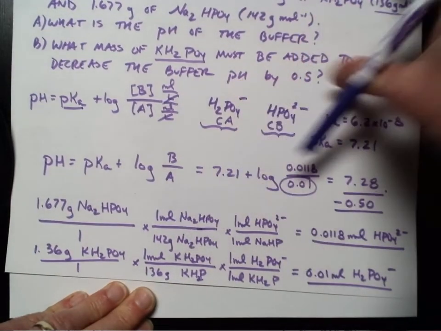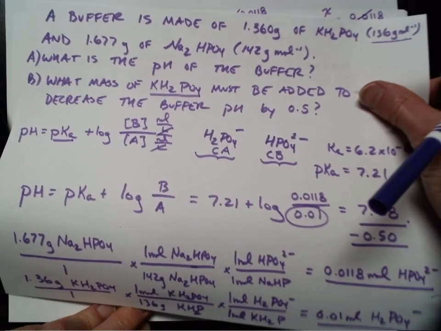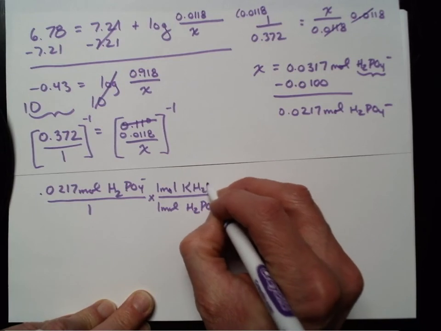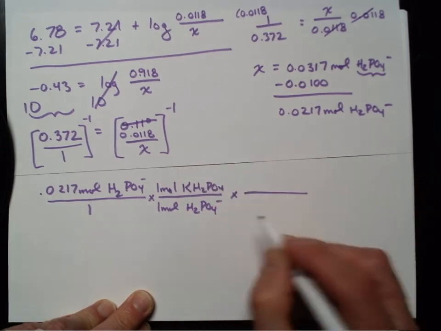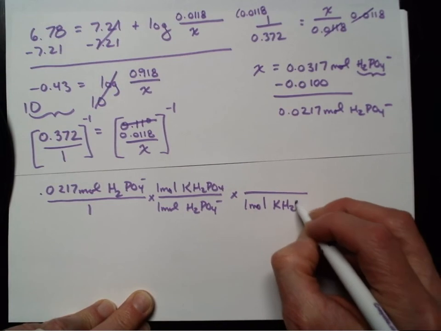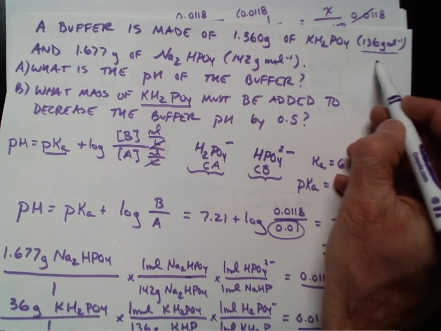The potassium dihydrogen phosphate, right? That's where we get it from. And we're going to recall that 1 mole of potassium dihydrogen phosphate is, what was that, 136 grams? Yep, it sure was. 136 grams.